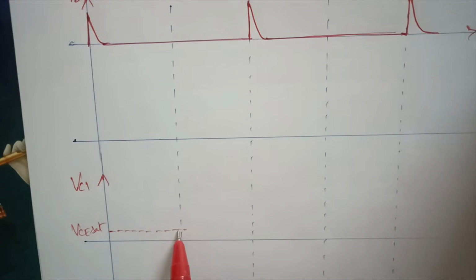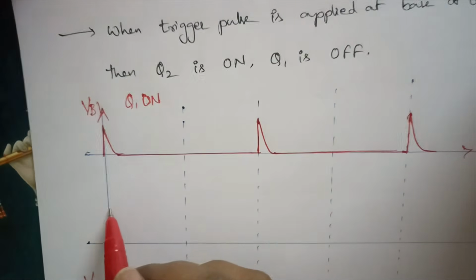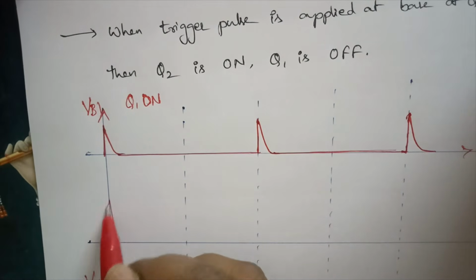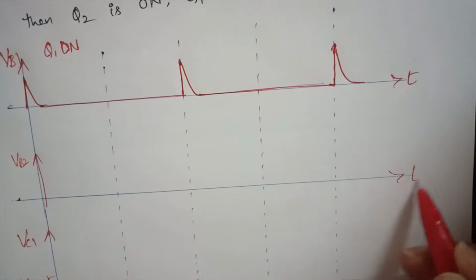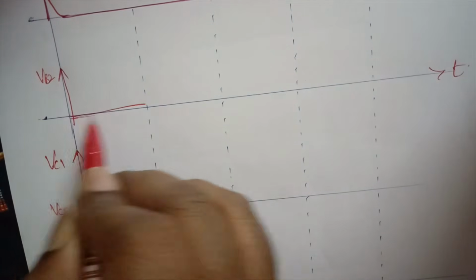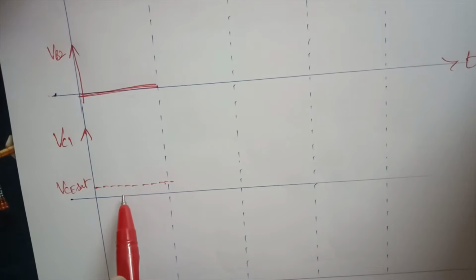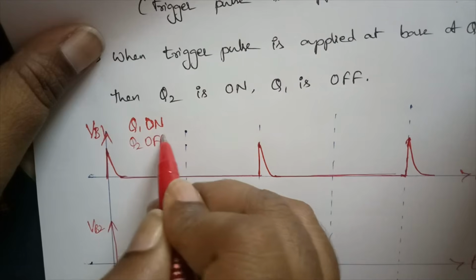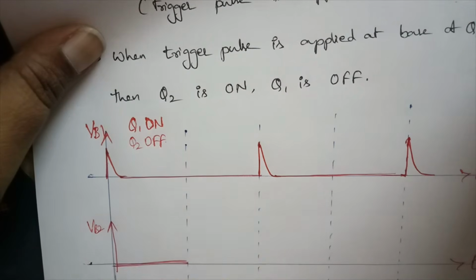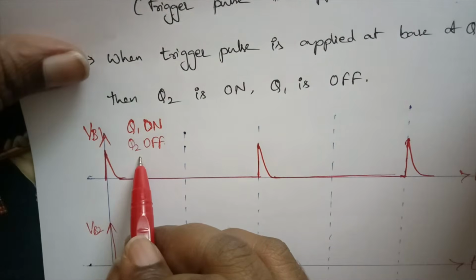Up to this moment, we do not have any voltage at VB2. So this is VB2, and up to this point VB2 is 0. Up to this point, Q2 is off. When Q2 is off, the voltage at the collector of Q2 is plus VCC.